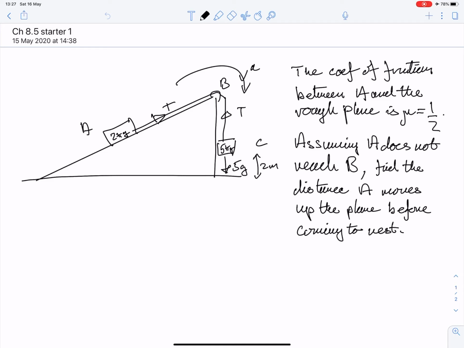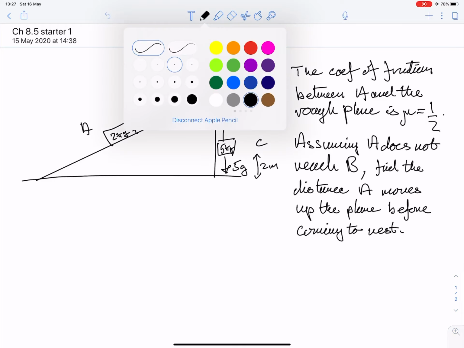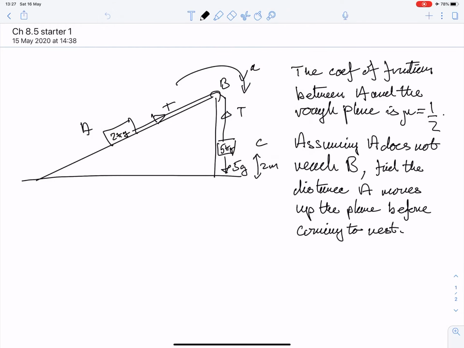And then I want you to come up with a plan, and I will outline a plan in a moment, and then check that that plan's correct before you then proceed with the rest of the starter activity. Okay, so forces on, write down your plan and then check against this.